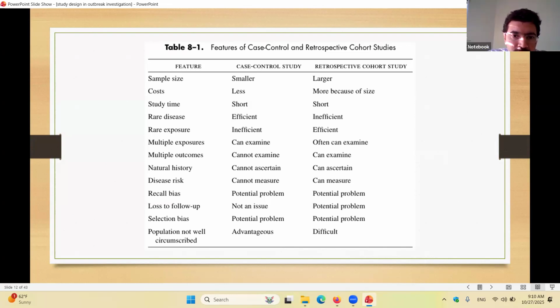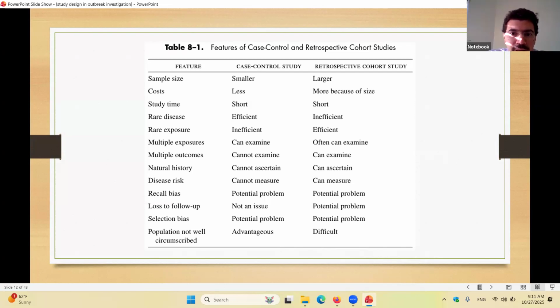For rare exposure, it is vice versa. Case control studies are inefficient, while retrospective cohort studies are efficient. Because in cohort studies we categorize based on the exposure, and therefore we can select enough exposure positive individuals.